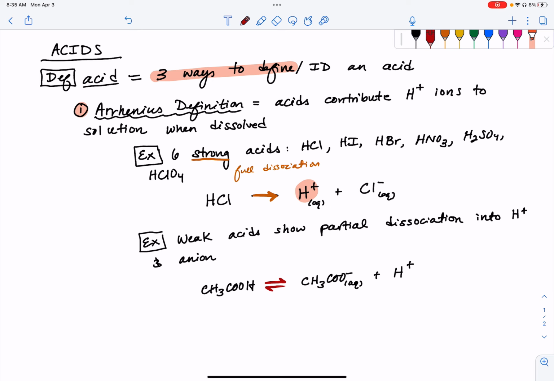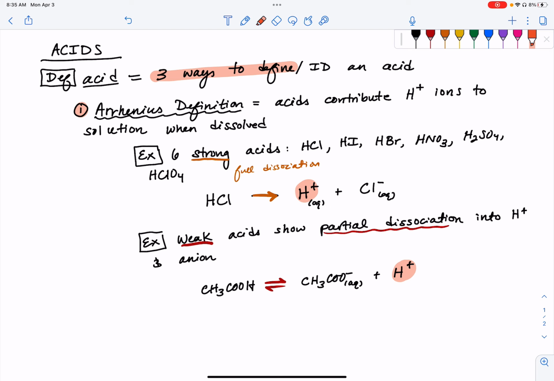This partial dissociation is what makes us weak. However, we're still contributing H+ to solution, so according to the Arrhenius definition, acetic acid is still an acid.